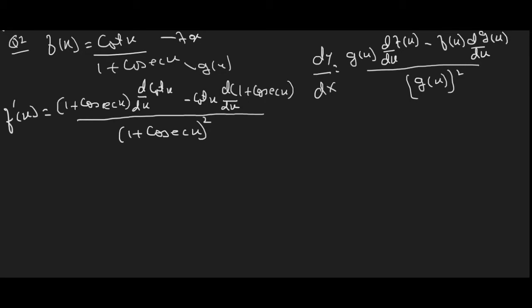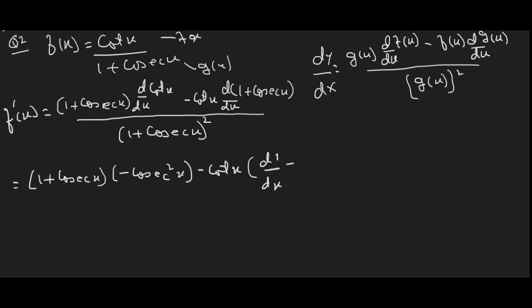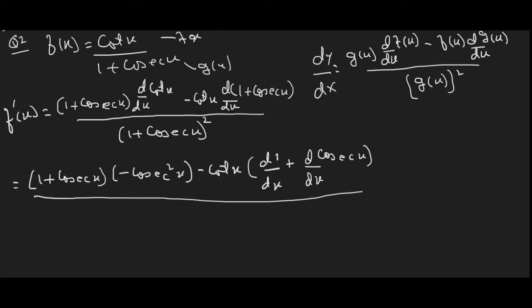Now taking its derivative, 1 plus cosecant x into minus cosecant square x minus cot x into d by dx of 1 plus d by dx of cosecant x, and whole divided by 1 plus cosecant x whole square.